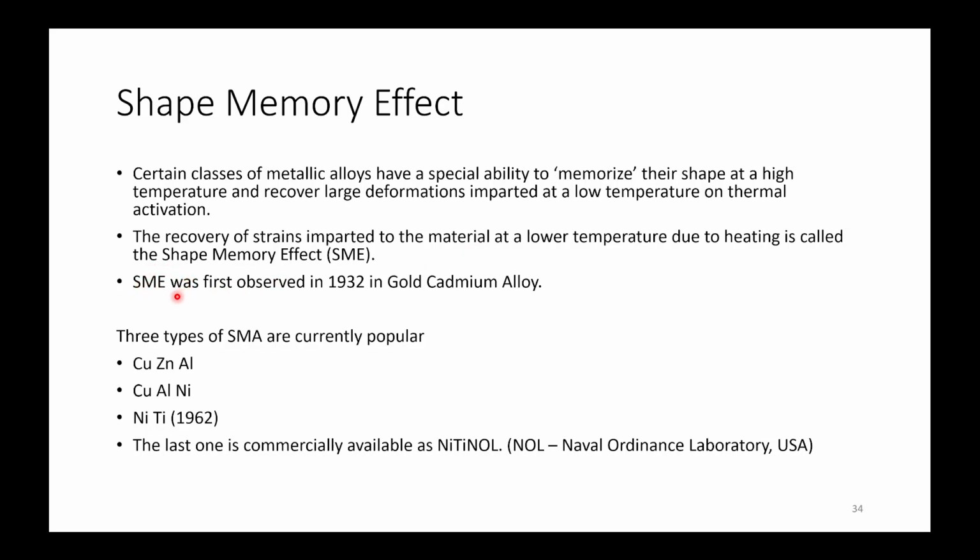The shape memory effect was first observed in 1932 in a gold cadmium alloy. Three types of shape memory alloys are currently popular: copper, zinc, aluminium; copper, aluminium, nickel; and nitinol, which was discovered in 1962. The last one is commercially available as nitinol, and NOL stands for Naval Ordnance Laboratory in the USA.